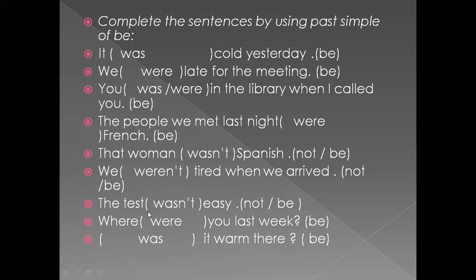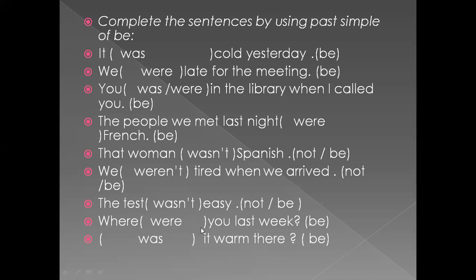The test wasn't easy. Here we have not and be, and the test is a singular subject, not tests, one test. So it takes was and not, so it becomes wasn't.